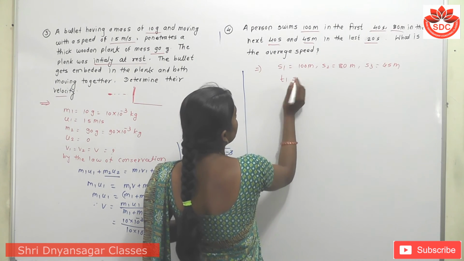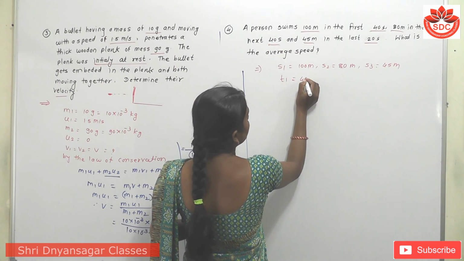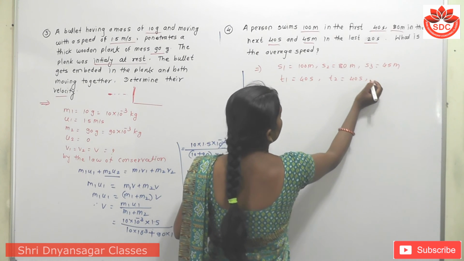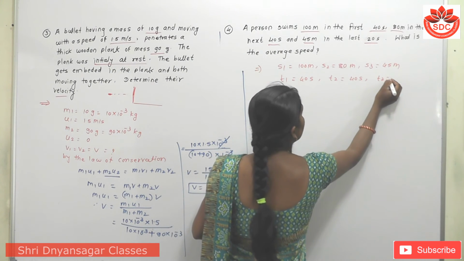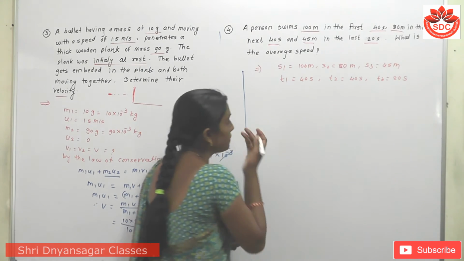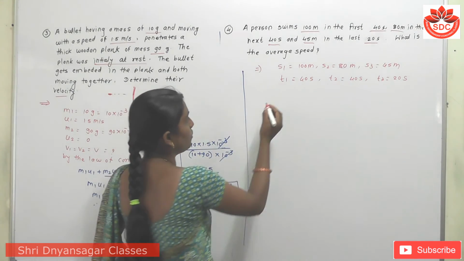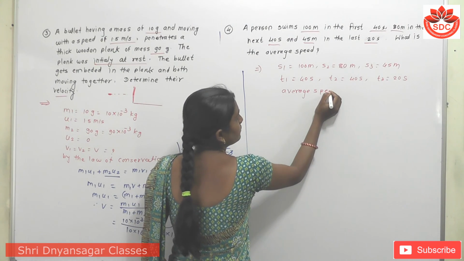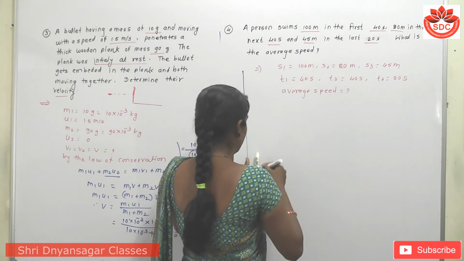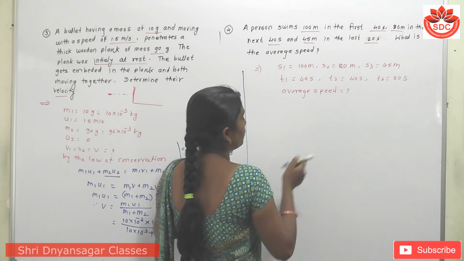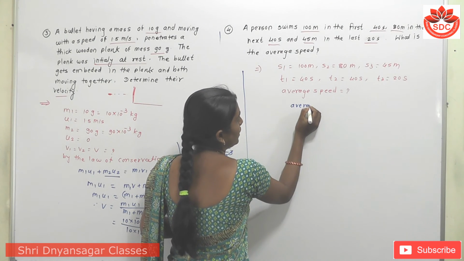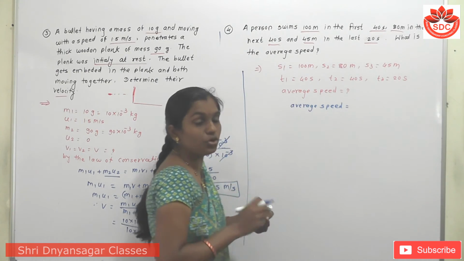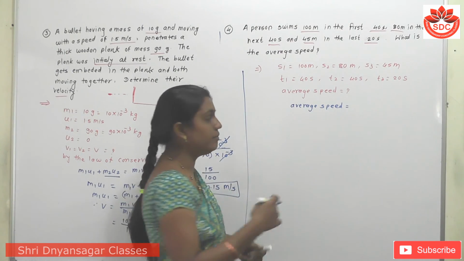Then time is given here. T1 is equal to 40 second, T2 is equal to 40 second, and T3 is equal to 20 second. So we have to find out the average speed. The formula: average speed is equal to total distance travelled upon total time taken.